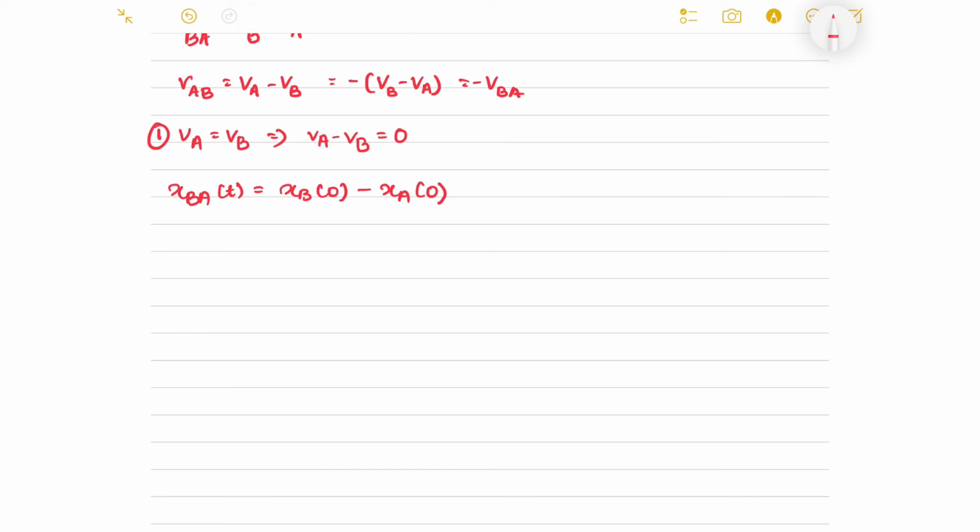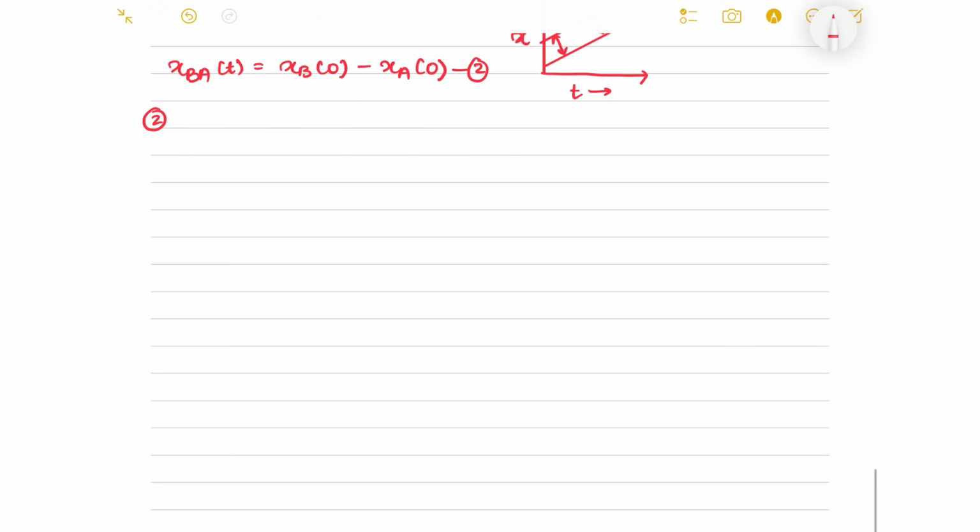The two objects stay a constant distance apart, as is evident from equation number 2. So we can draw the xt graph for these two bodies as this. This is for body B, this is for body A. As you can see here, these are two parallel lines.